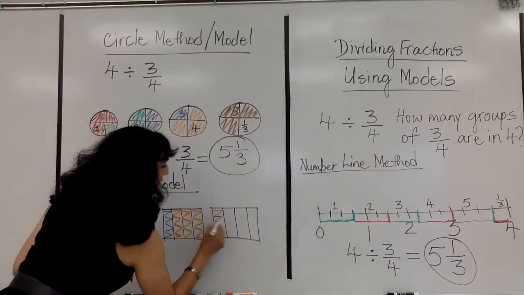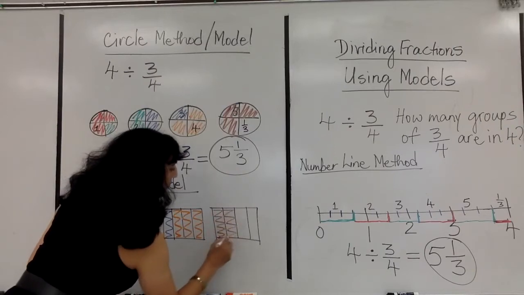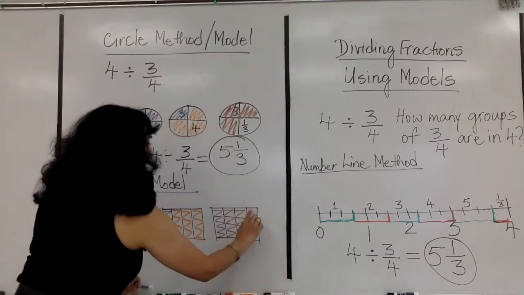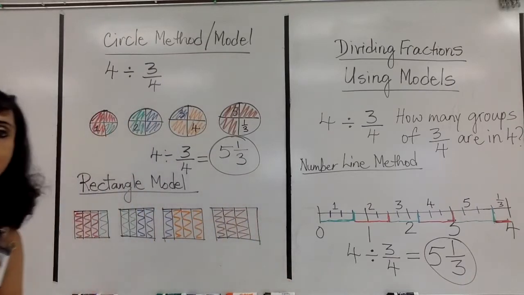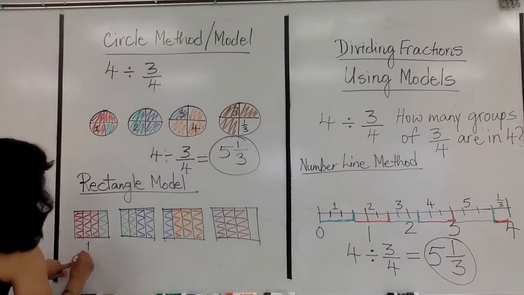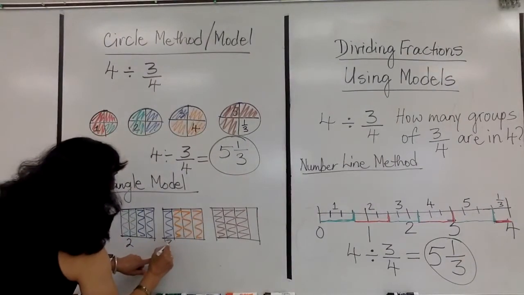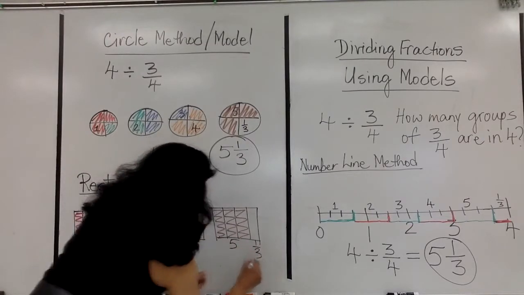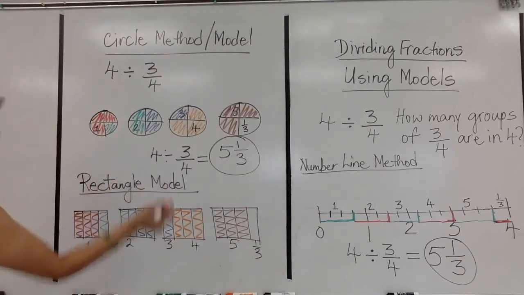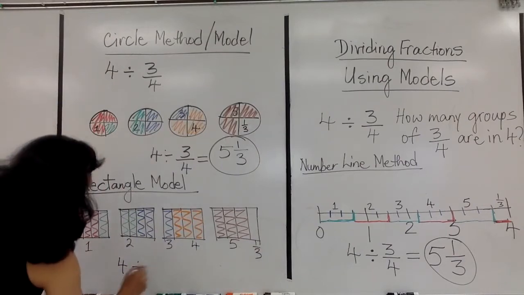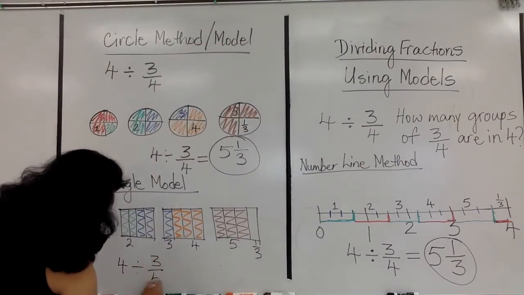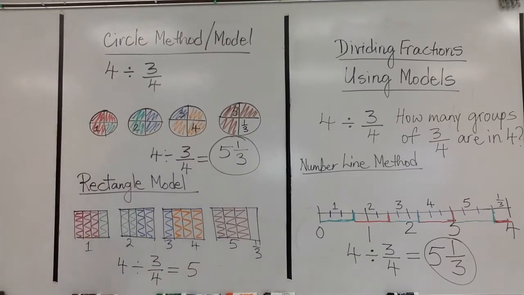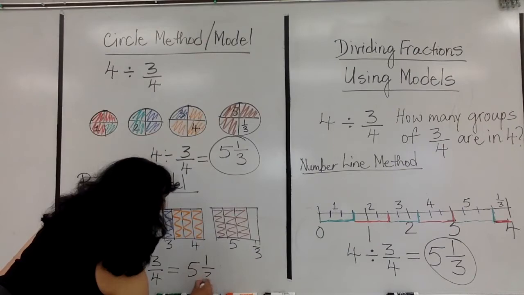And I'm just showing you different colors so you can see my groups over here. So look, and this is what I have, and then this is the remainder that is left over. So I have 1, 2, 3 groups, 4 groups, 5 groups, and the 1/3. Okay, so 4 divided by 3/4 gives me 5 groups of 3/4 and 1/3.